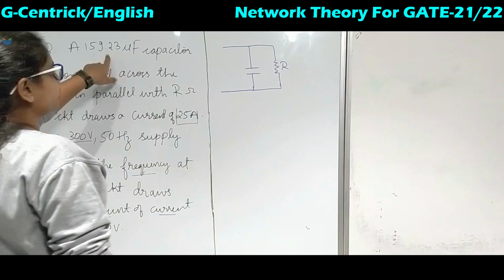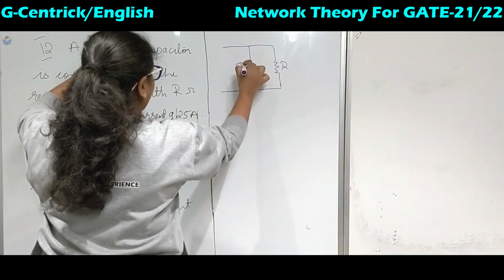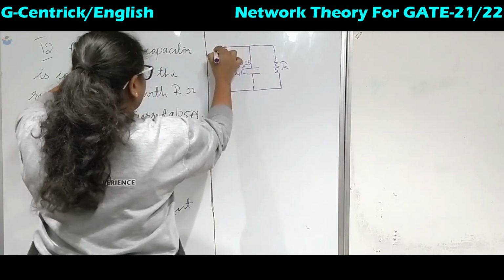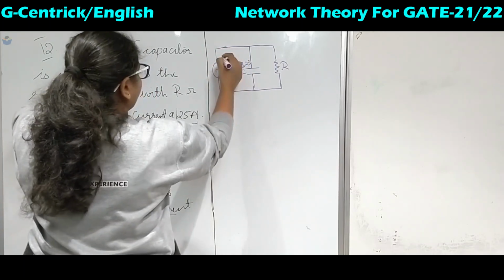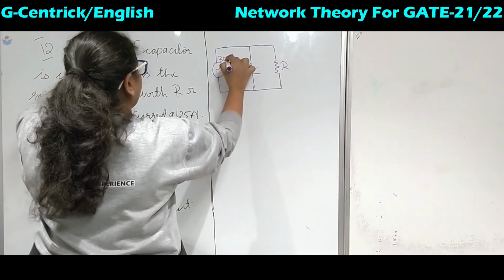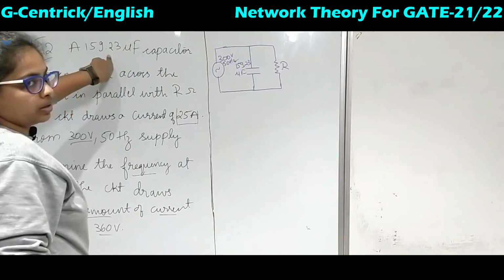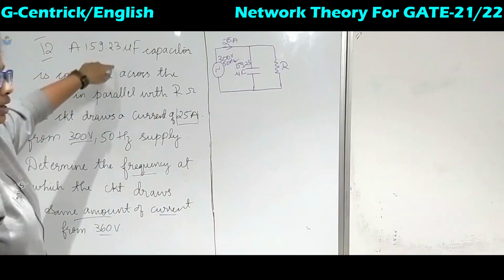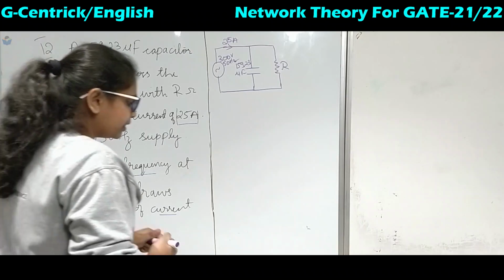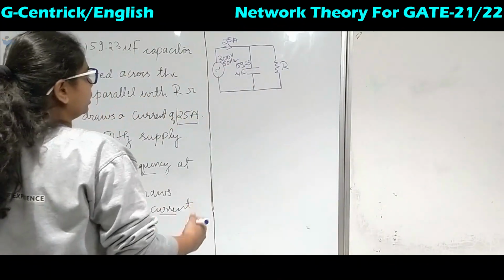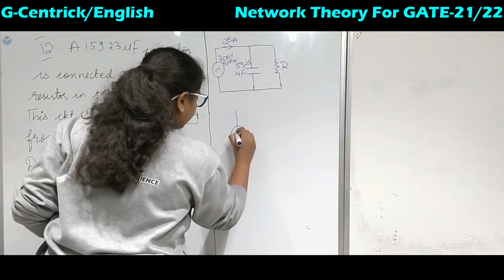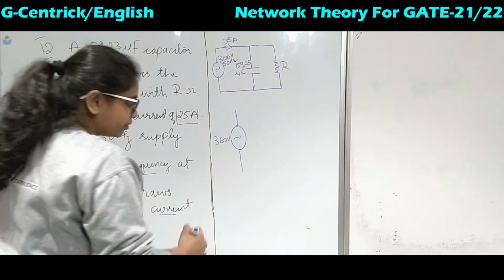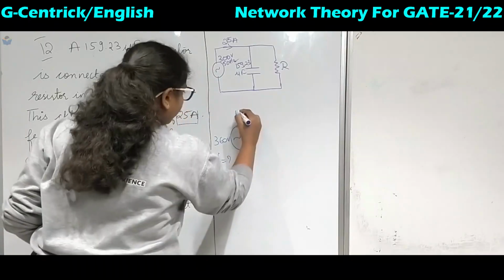Okay, so this value is 159.23 microfarad, which is connected to a voltage source of 300 volt 50 hertz, and it will be giving out 25 ampere of current. Now there is the same circuit, okay, here we will draw it here, which has got 360 volt. Okay, but we have to find the frequency of this one.